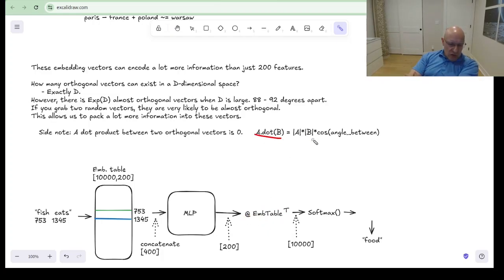Because the dot product returns the highest value when the vectors align the best. So essentially, by doing this matrix multiplication, the highest value returned will be the value that corresponds to the word that's the closest to the one that our model output. So then we can do softmax.